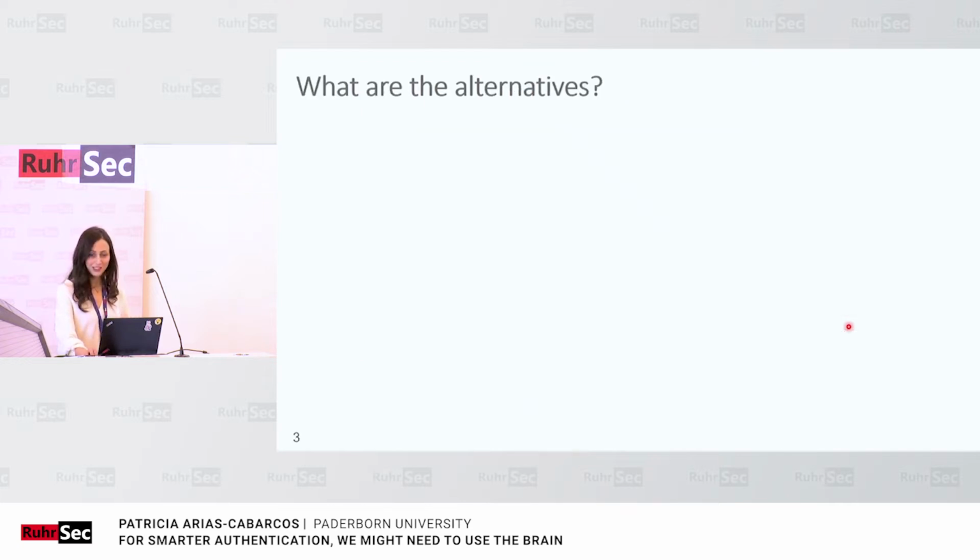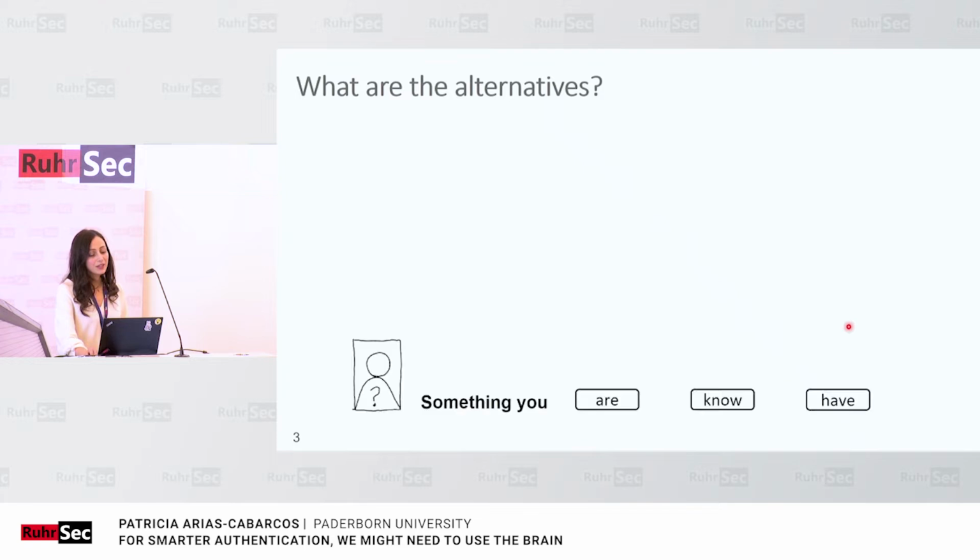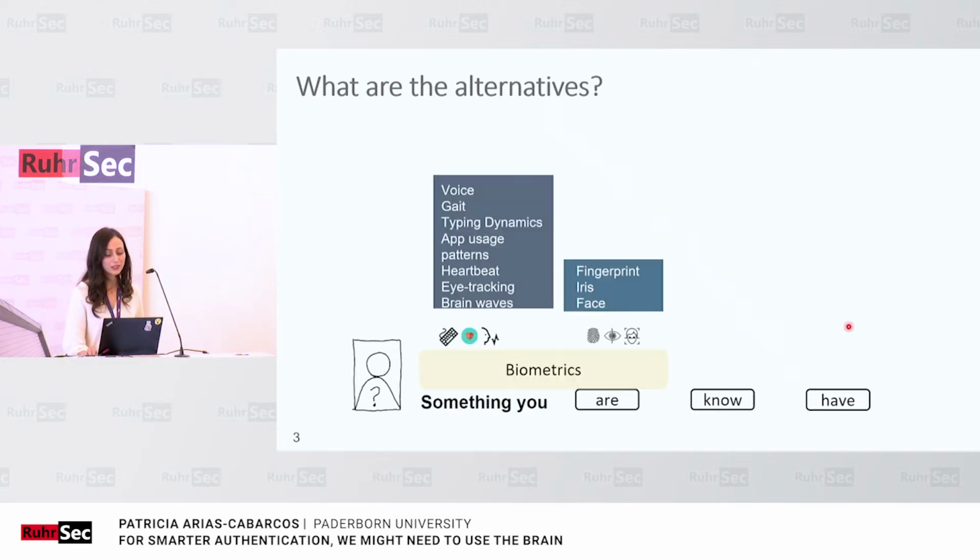So let's take a look at alternatives. What are the possibilities there? What is in the landscape? When I want to prove my identity, I can do it by something I am, something I know, or something I have. The something I am refers to biometrics.